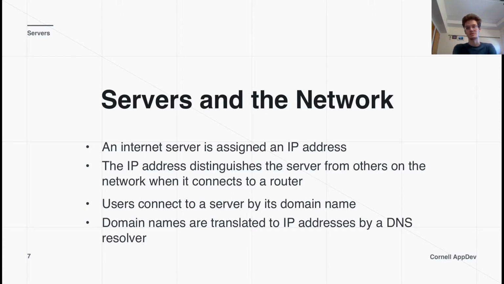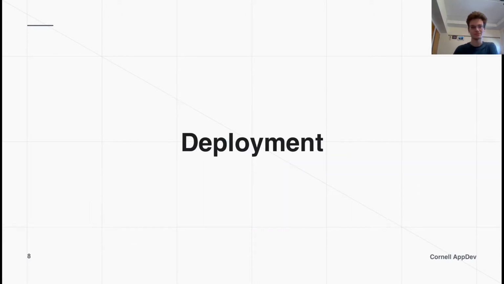Users can connect to servers by domain names, which are mapped to IP addresses by domain name servers. That's a whole other thing that we don't really need to get into. But basically, there's this mapping that you can register with many different providers, Google, for example, GoDaddy. And those will translate your domain names into IP addresses.